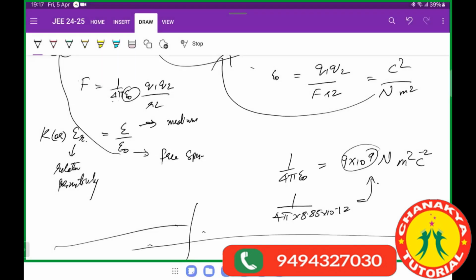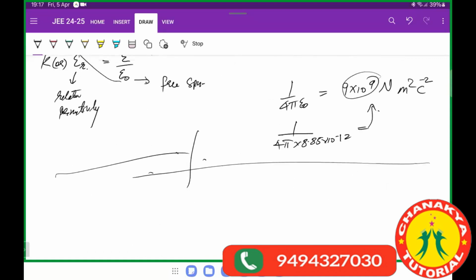It's 80% charged. Okay. I guess now it is clear, right? Yes, sir. Okay.